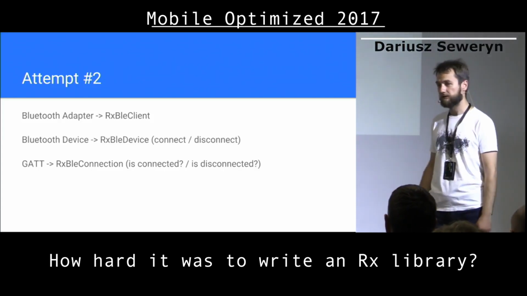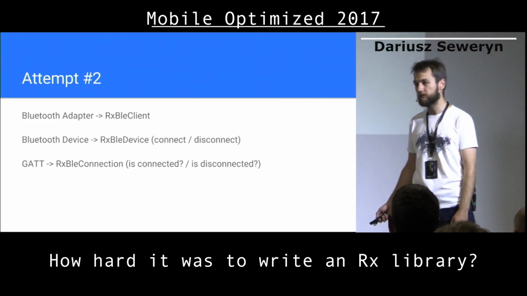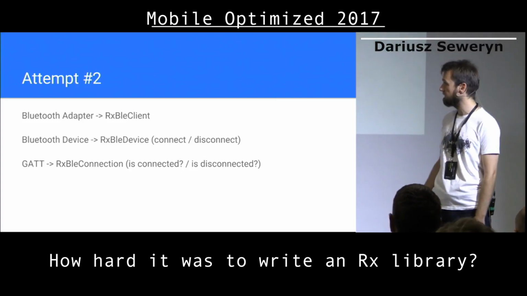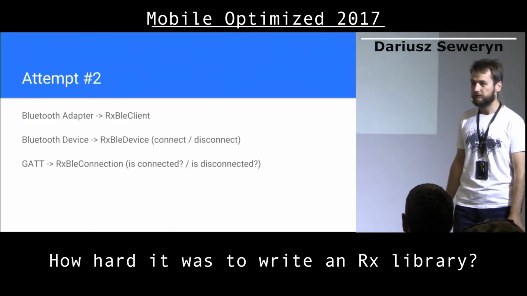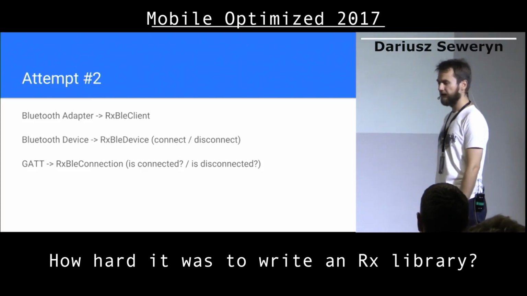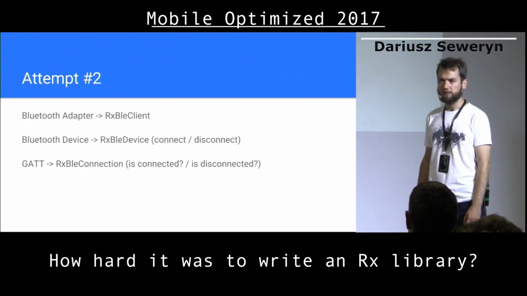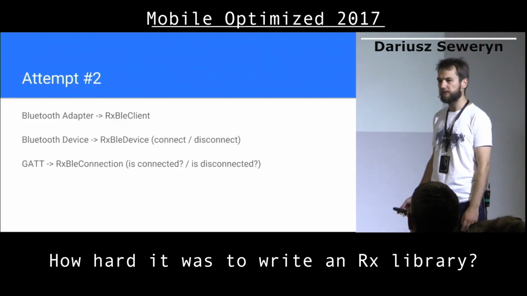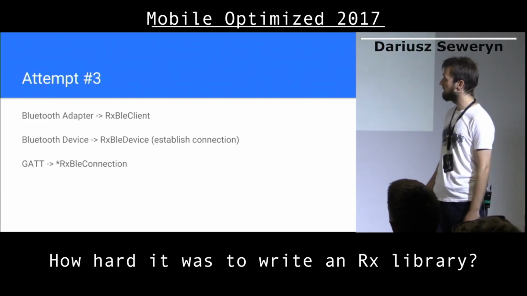So still, is the connection connected or disconnected? I would need to connect the device to get the connection. A bit better, but still not the best. And after a while, I thought that, hey, maybe a user is not really interested in how to connect. Maybe they just want to get a connection at some point, and just to establish a connection.